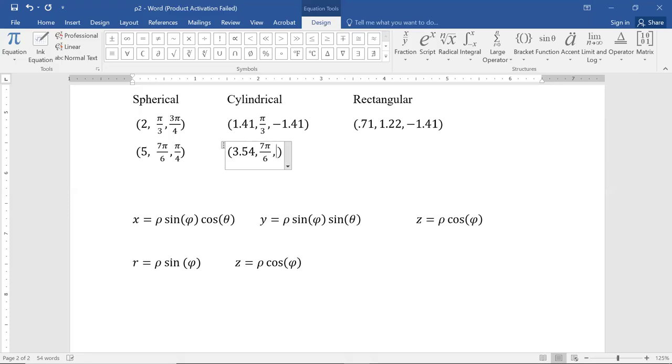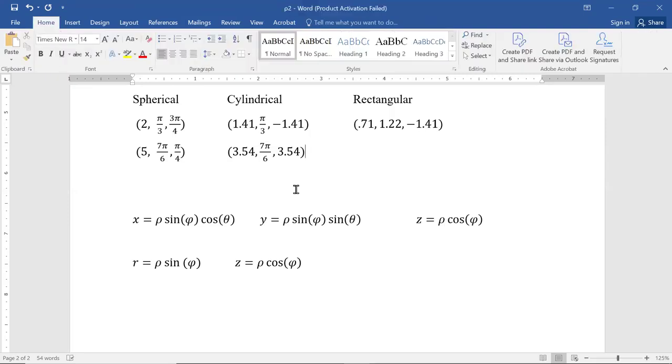And z is going to be 5 times cosine of pi over 4. And 5 times cosine of pi over 4 is also about 3.54. If you want to use square roots, square root of 2, that is perfectly okay. You can get an exact answer by knowing that sine of pi over 4 and cosine of pi over 4 are both root 2 over 2. I'm not going to do that right now, though.